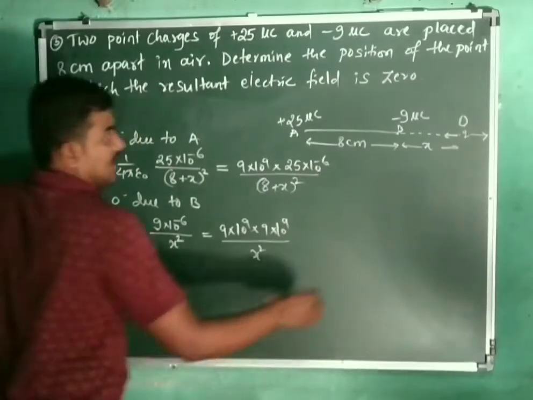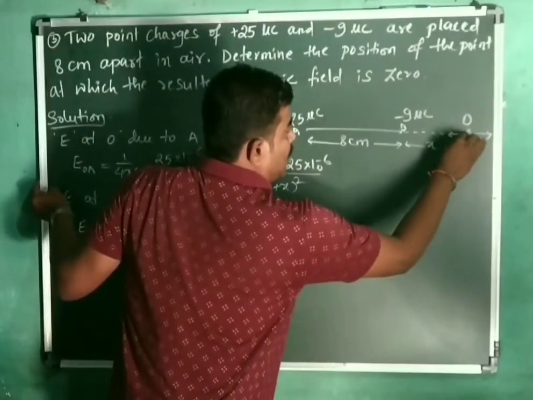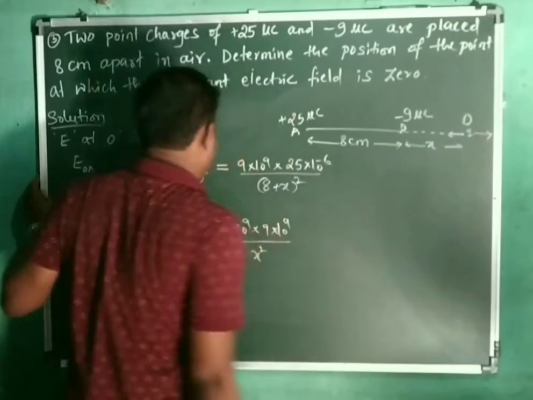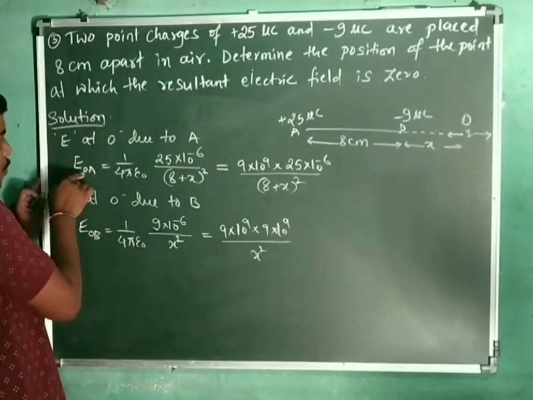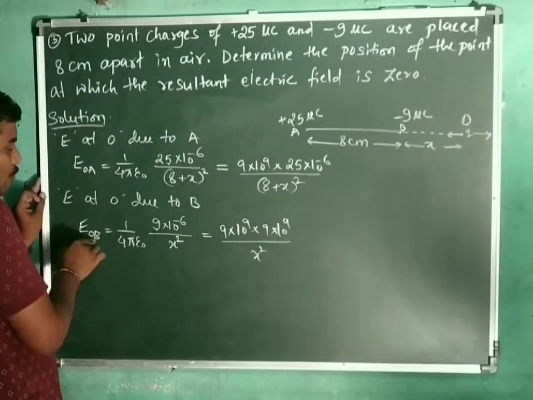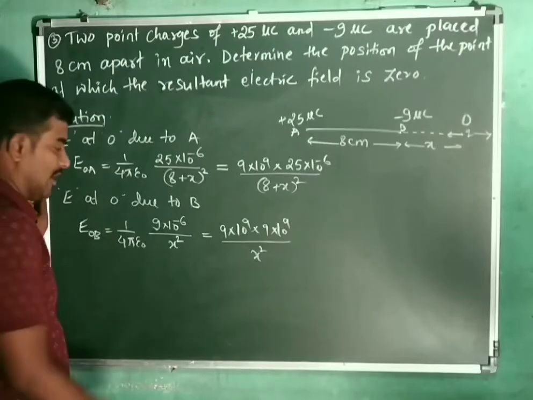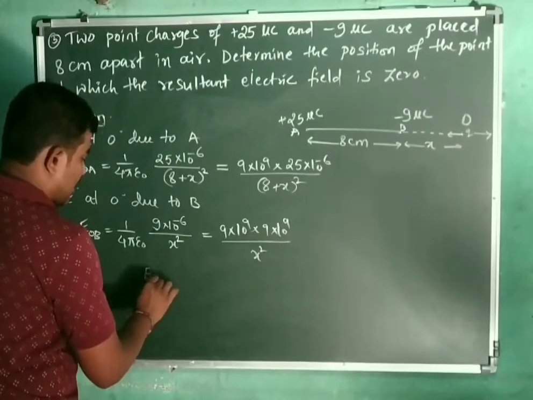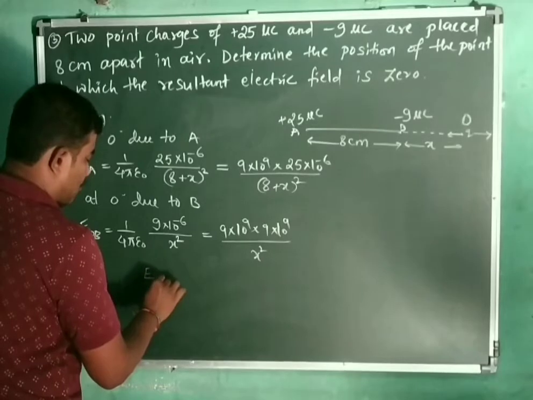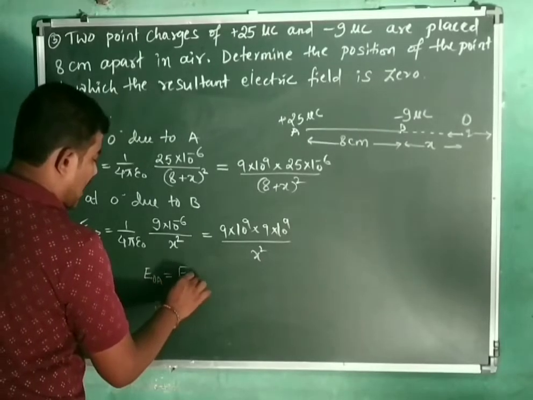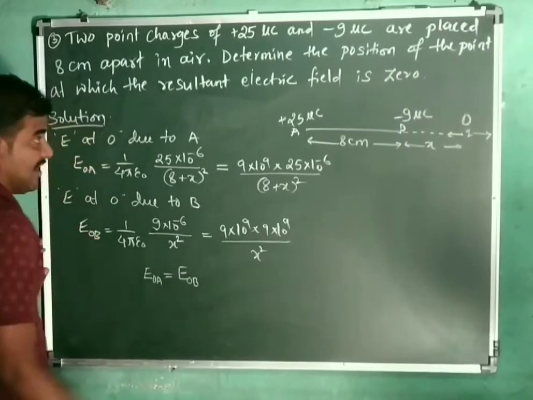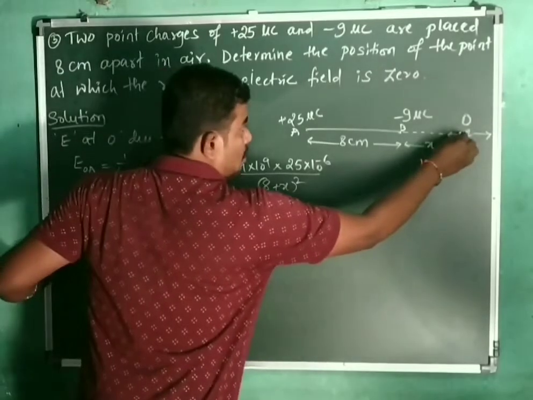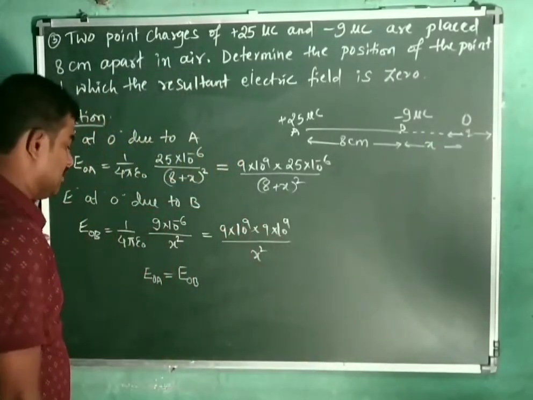If electric field intensity at this point has to be 0, then electric field at O due to A and electric field at O due to B must be equal. Then and only then at point O the electric field intensity is going to be 0.